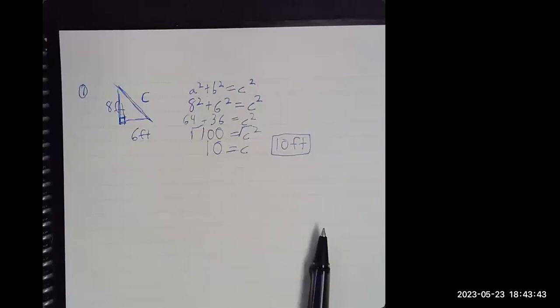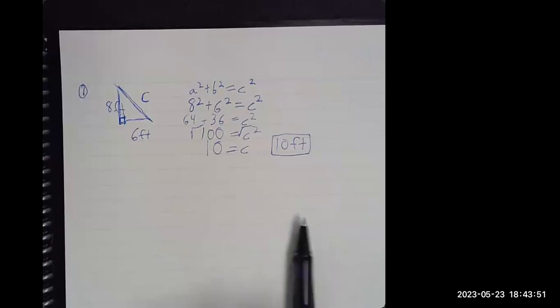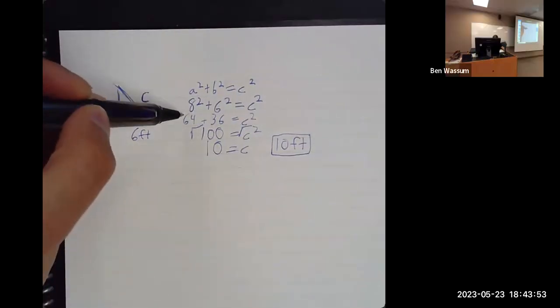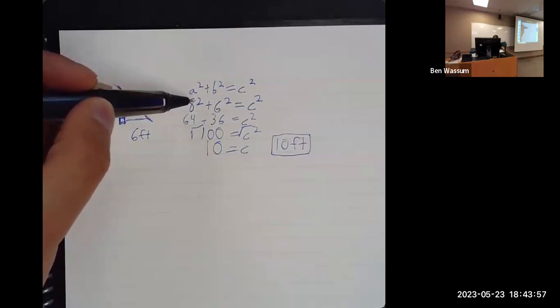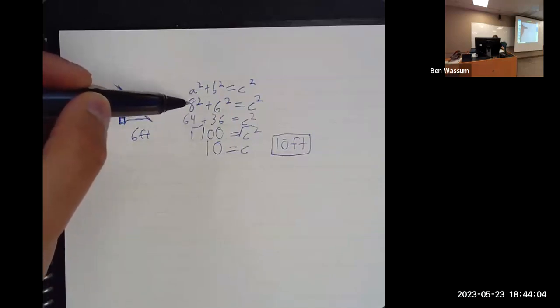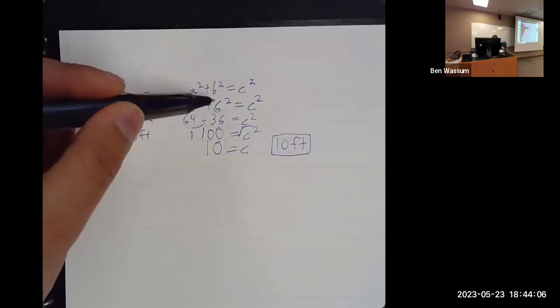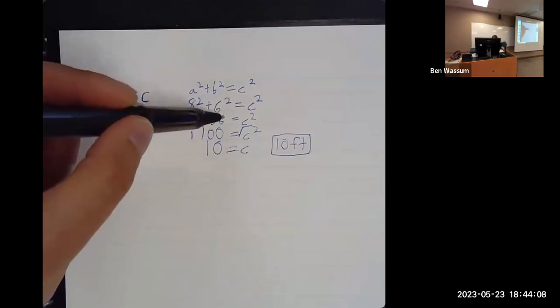So in this case, you multiply 8 by 8 up here? Yep. Since we have the square on it, which is an exponent, that's saying I have 8 multiplied by itself twice. So this is 8 times 8, so we end up with 64. Whereas this is 6 times 6, so we end up with 36.